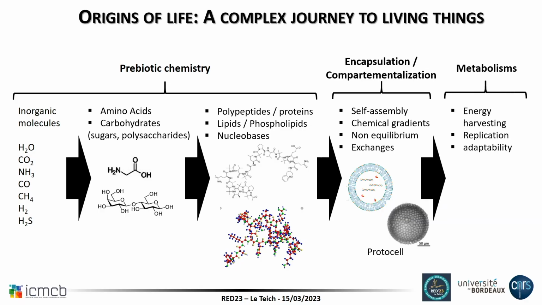So basically life needs non-equilibrium. And this membrane also controls the exchanges between the inside of the cells and the external environment. And once this is done, you need to start doing metabolism so that the organism can harvest energy, can replicate, and can adapt to its external conditions and environment.